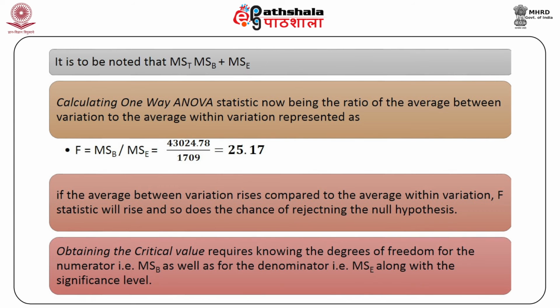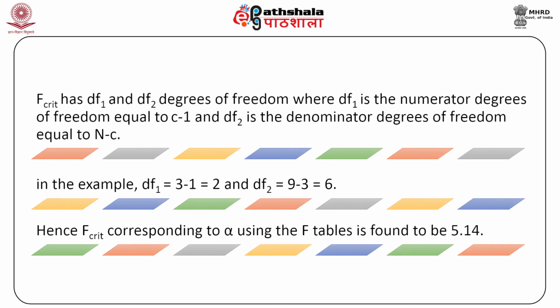Now, how to obtain the critical value to check the significance? The critical value requires knowing the degrees of freedom for the numerator, that is mean sum of square between, as well as for the denominator, that is mean sum of square error, along with the significance level. F critical has df1 and df2 degrees of freedom, where df1 is the numerator degrees of freedom equal to the number of columns minus 1, and df2 is the denominator degrees of freedom equal to n minus the number of columns.